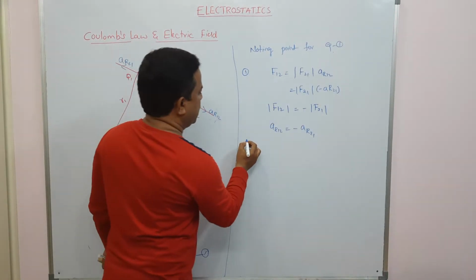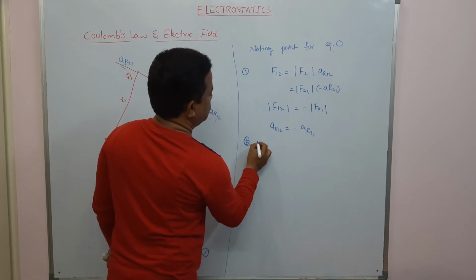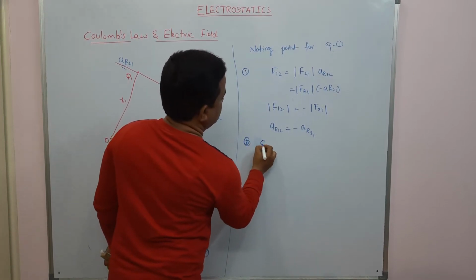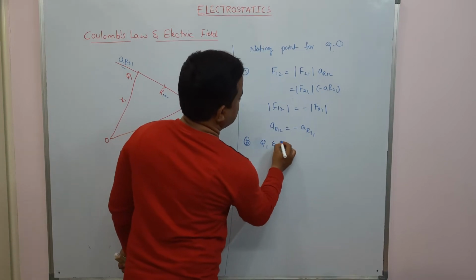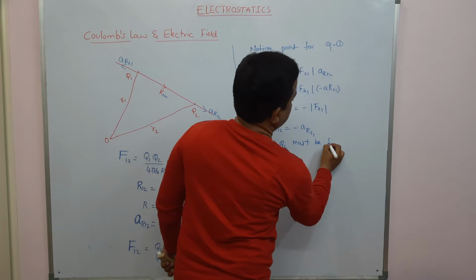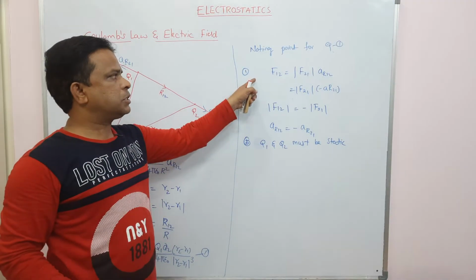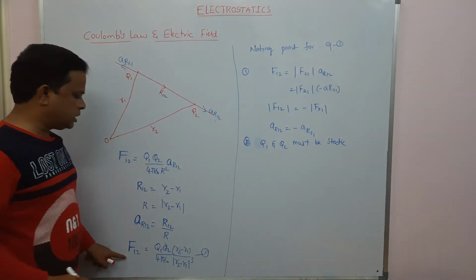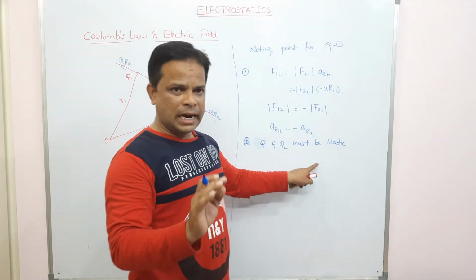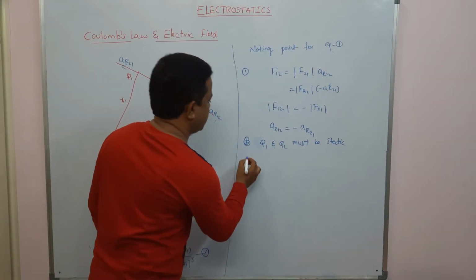The second point is that Q1 and Q2 must be static. For this force equation, equation 1, these two charges must be static. They should not be in motion. That is the second point.